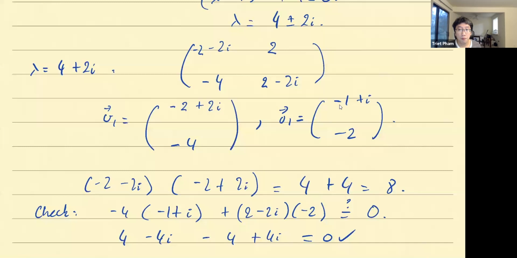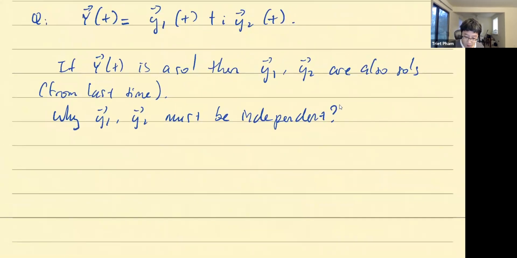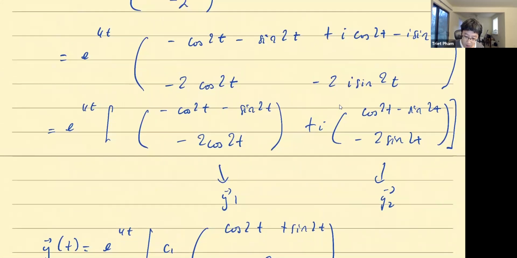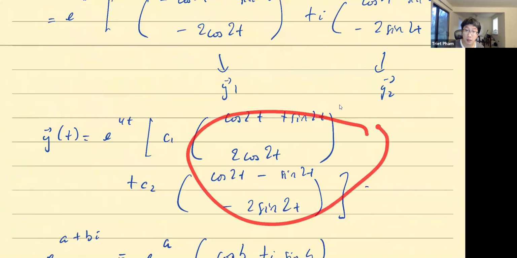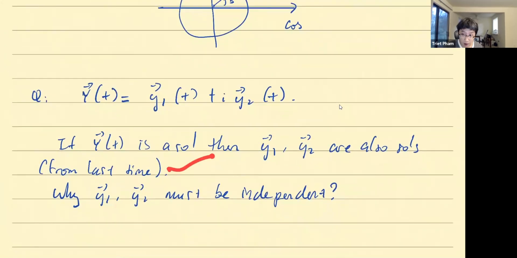But I can give you a partial answer like this. This is always true. So you can play it by pure chance: if you observe that these two are independent, then the theory applies and you can just go ahead and construct a solution out of this, because they're independent and they are solutions from this. So this conclusion is always correct. Now, your question is much more interesting: why does it reliably produce independent solutions?